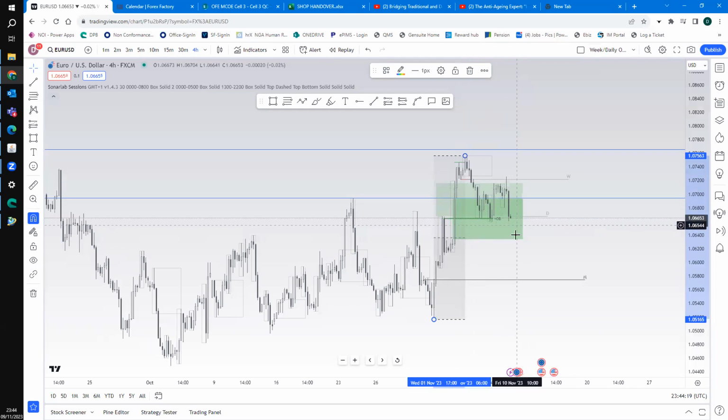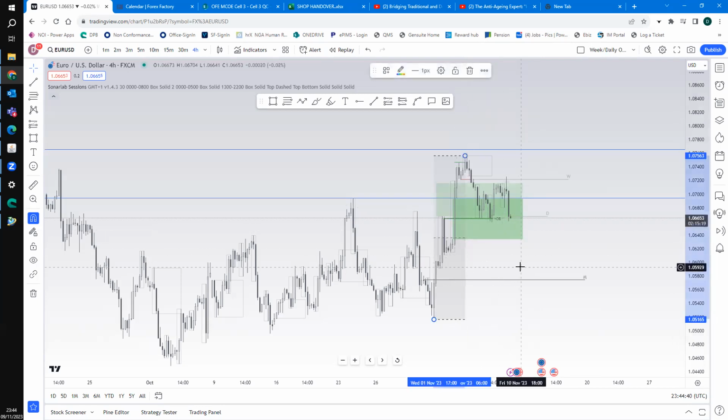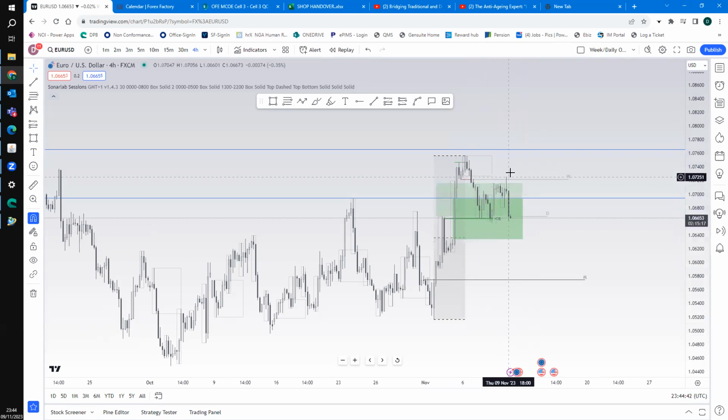So even if we were to continue higher, which I don't think we are going to do right now, I would really want to see price come down here, tap into this lower 50% before seeing a market structure shift and moving higher again. So we're still not into a discount, okay? This is part of the thesis as well for why I was short this evening.